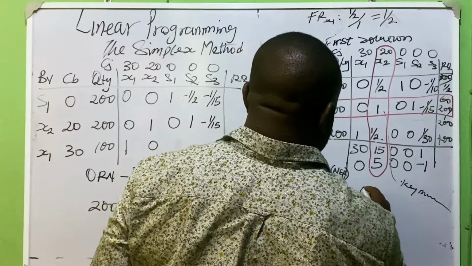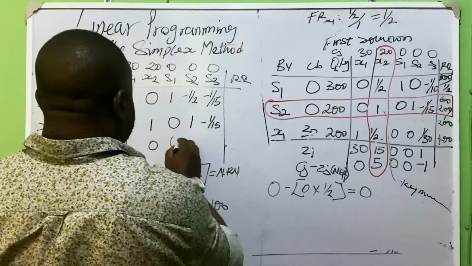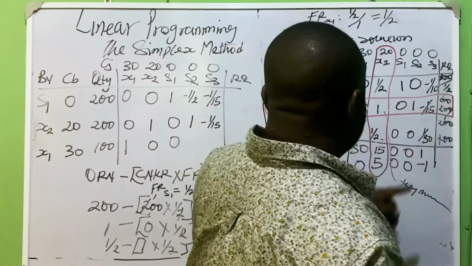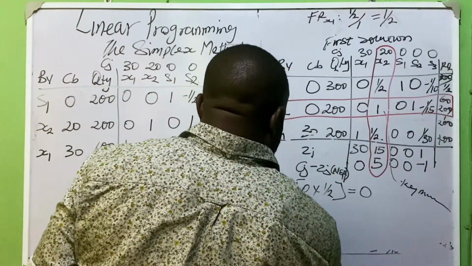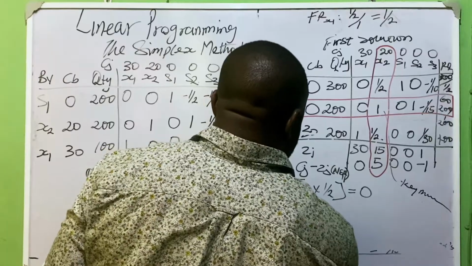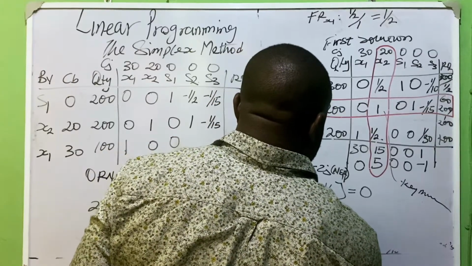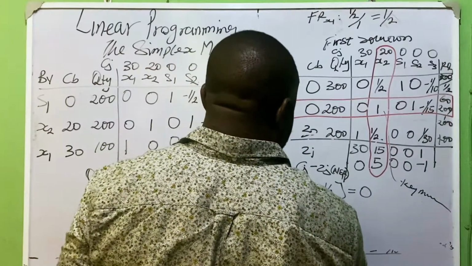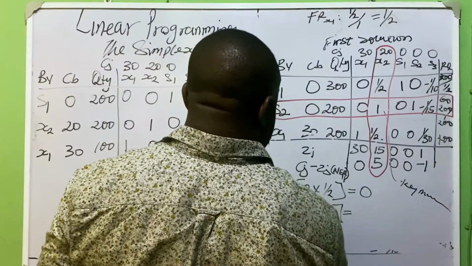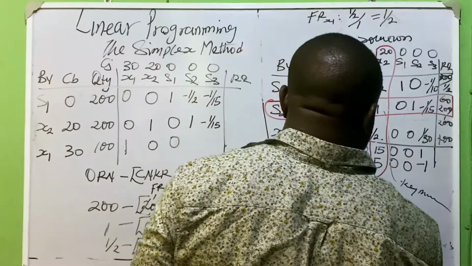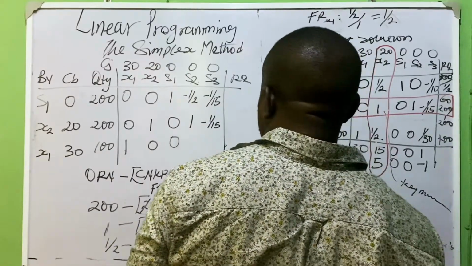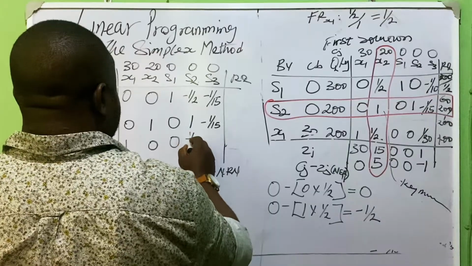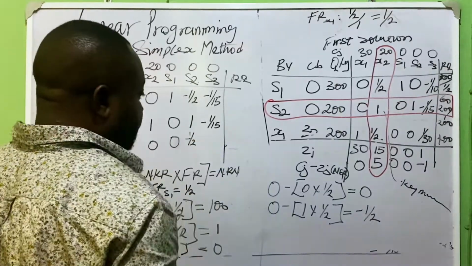We're going to have 0. So this place becomes 0. Then we transform this 0 that corresponds to 1. So we have 0 minus 1 multiplied by 1 over 2, which 1 times 1 over 2 will give me 1 over 2. Negative opposite will have minus 1 over 2. So I'm going to have minus 1 over 2.